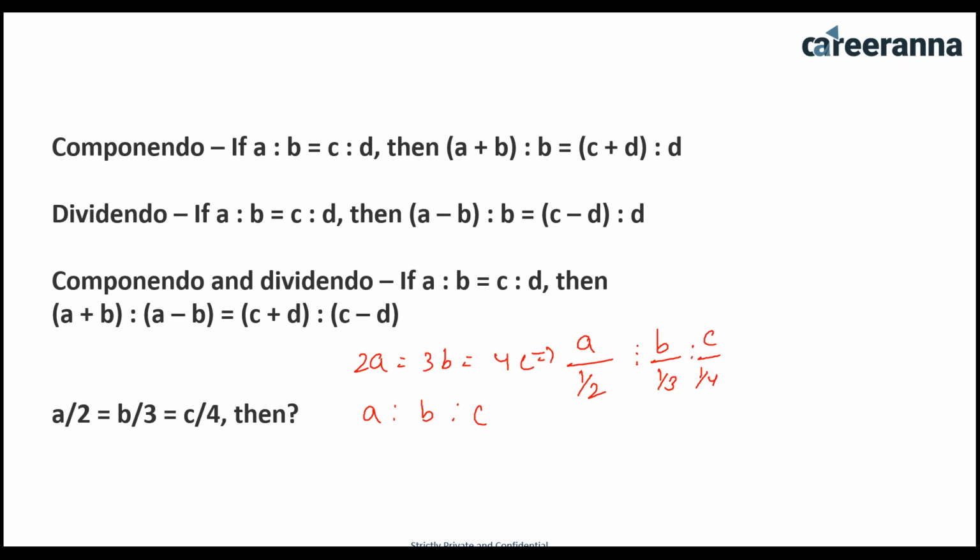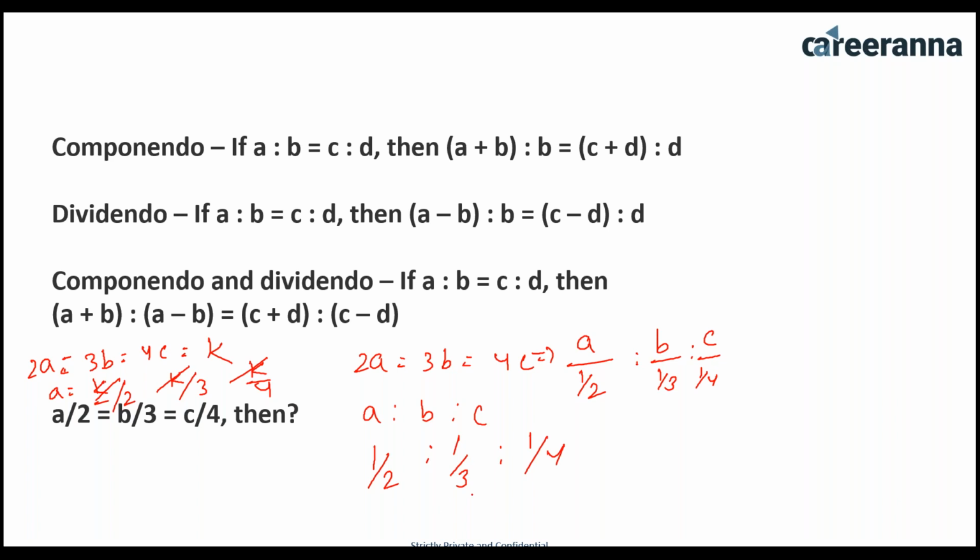Yes. And if you don't, guys, please watch the videos available in your dashboard. Or I can do it for you. Equals k. Now a will be k by 2, b will be k by 3, c will be k by 4. So the ratio will be 1 by 2, 1 by 3, and 1 by 4.